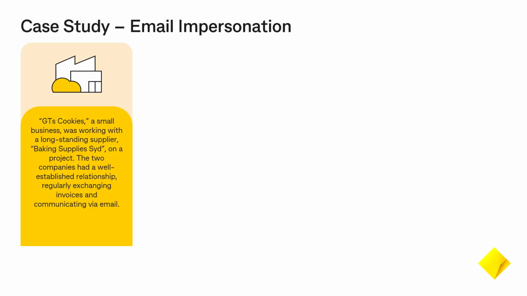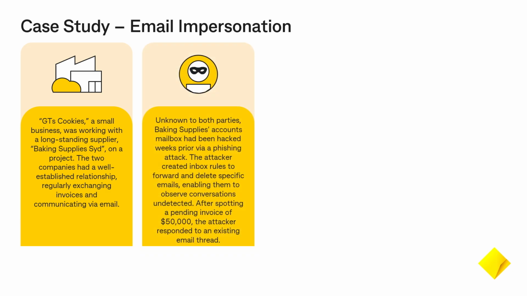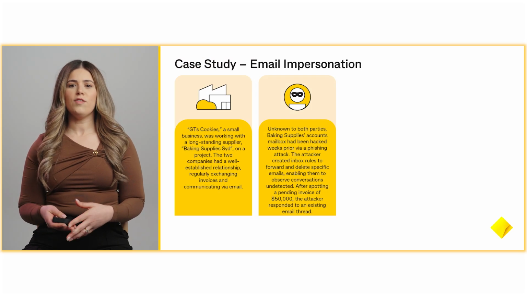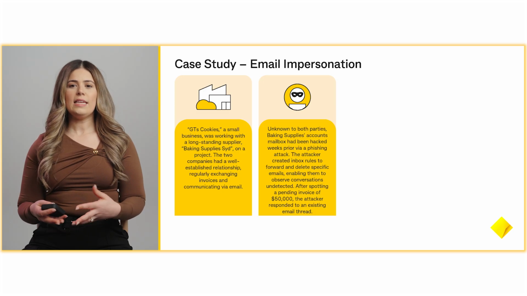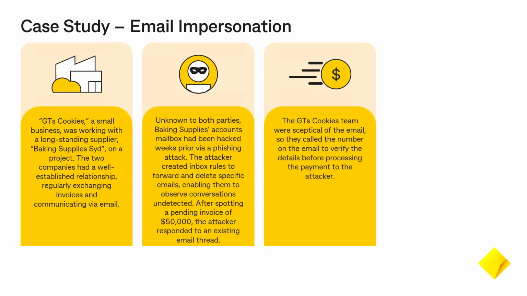GT Cookies has a long-standing supplier, Baking Supplies, with whom they regularly exchanged emails. After a phishing attack compromised their vendor's email account, scammers used the account to send fake banking details, leading GT's to unknowingly pay the scammer. The email appeared genuine.